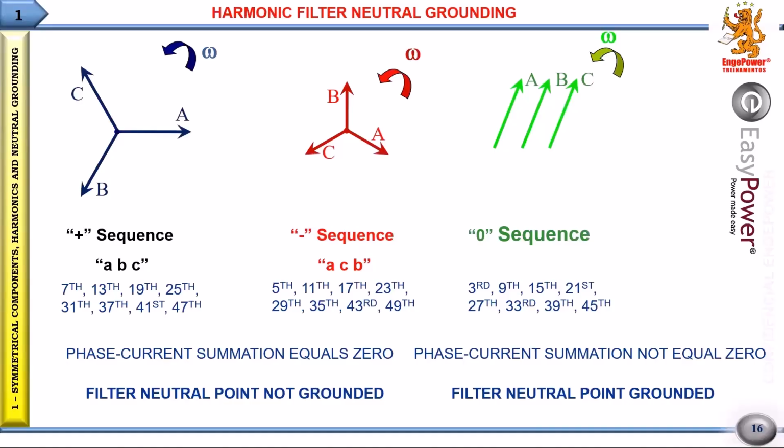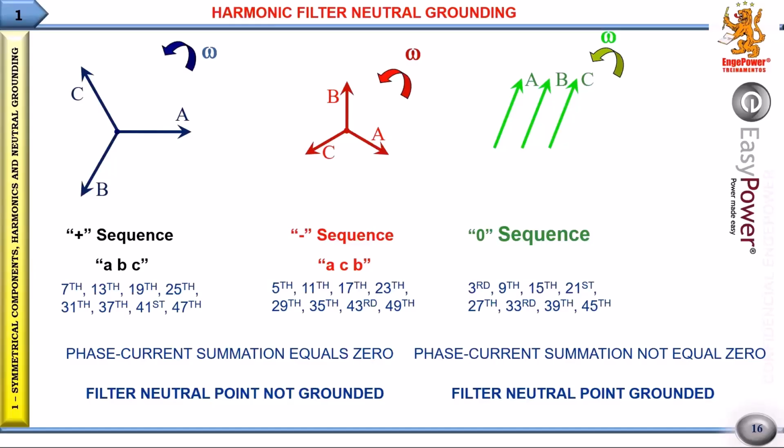What are the sequences generated by that equation we showed you for the characteristic harmonics? We saw that there are some positive sequence harmonic orders, some negative sequence harmonic orders, and zero sequence harmonic orders. Okay?